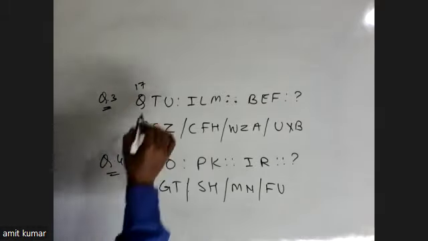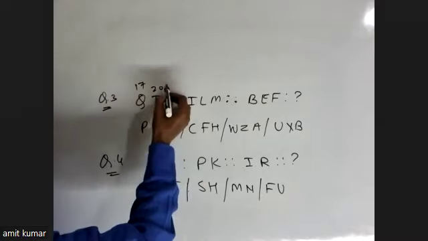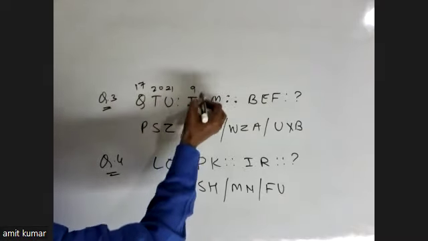Queen how much? 17. T 20. U 21. I 9. L 12.